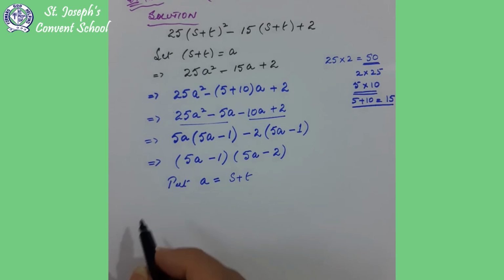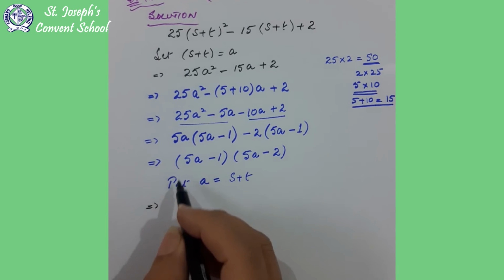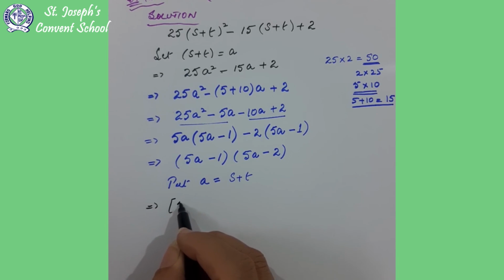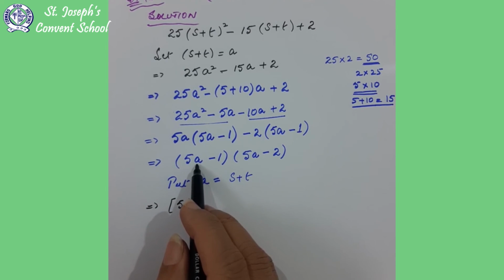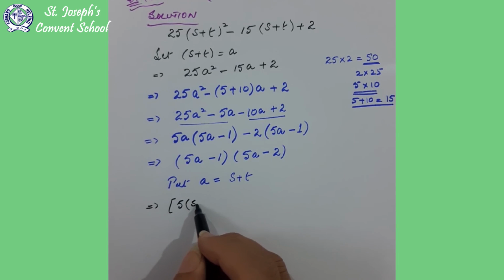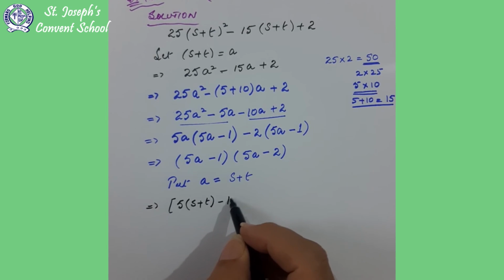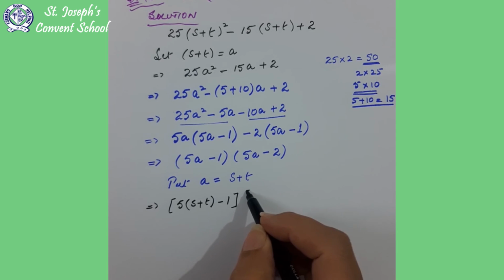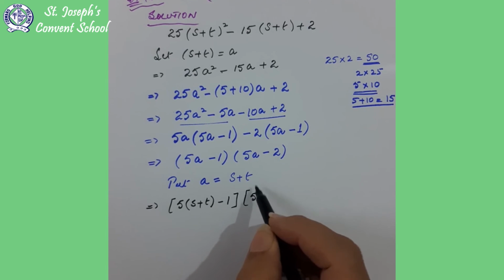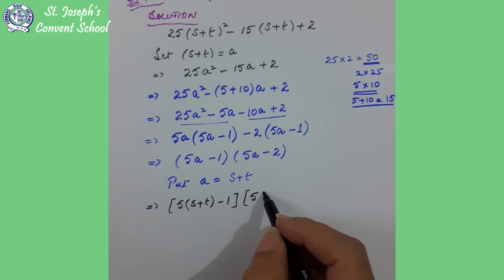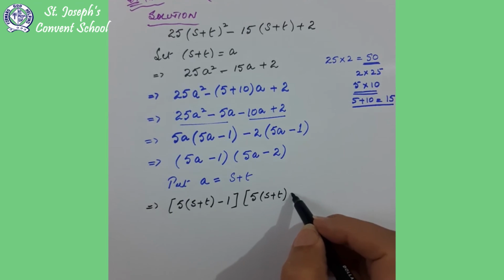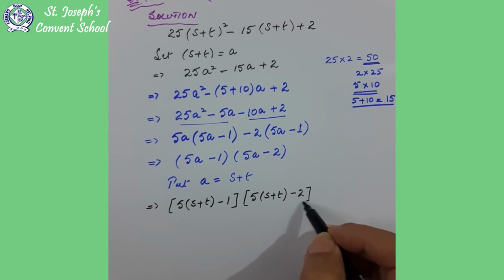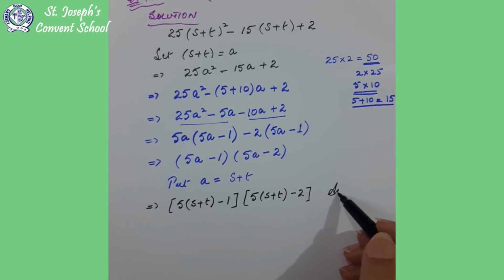So now your answer will be 5, instead of a you will write s plus t in the bracket, (5(s plus t) minus 1), second bracket (5(s plus t) minus 2). So this is the answer.